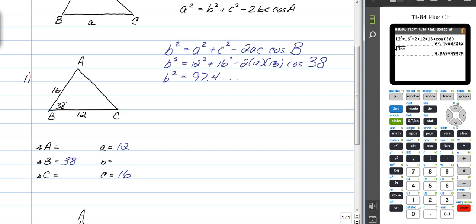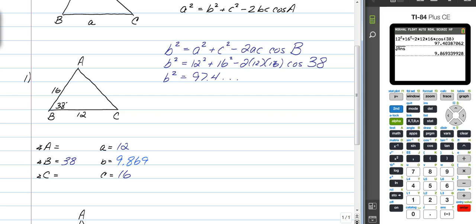Click enter, and we have 9.869. Again, it all depends on what we're rounding to. I am just going to round this one to the nearest 3 decimal places today. I know in a previous video I did 1, just to show you it doesn't matter. In terms of rounding, just pay attention. So for this video, I'll do 3. So that would be 9.869. And now we have found little b.